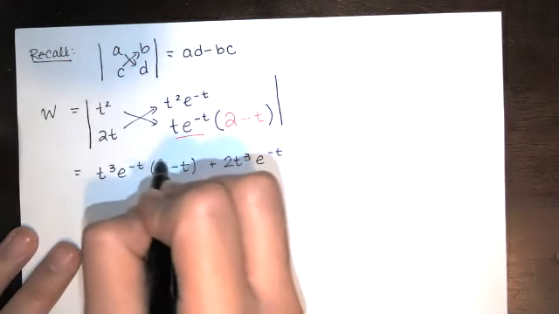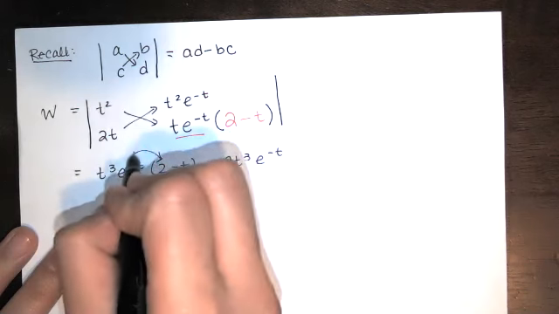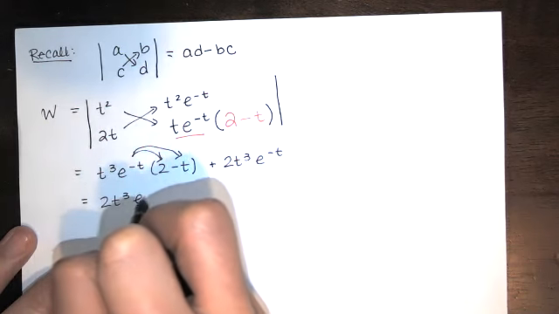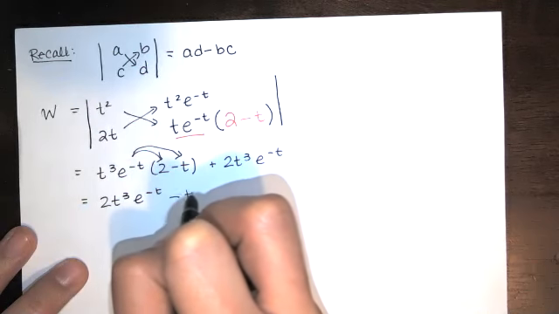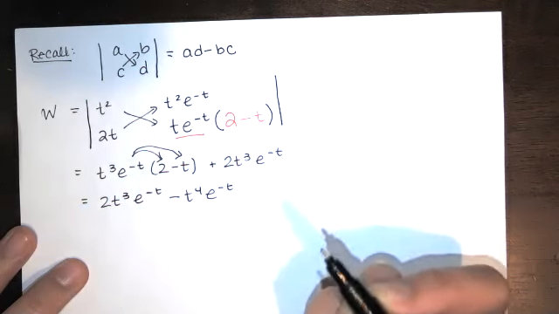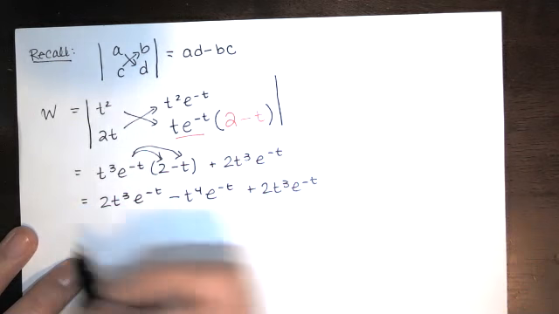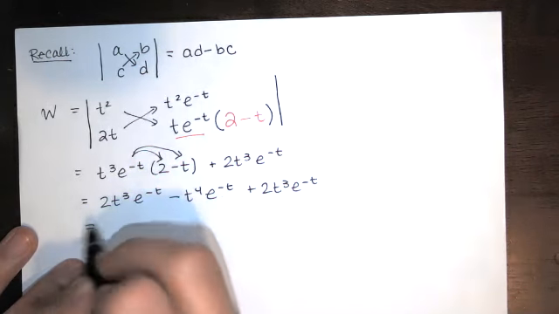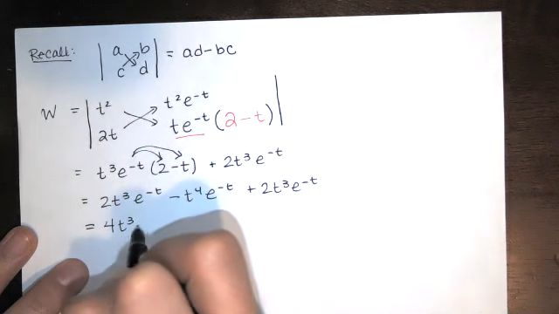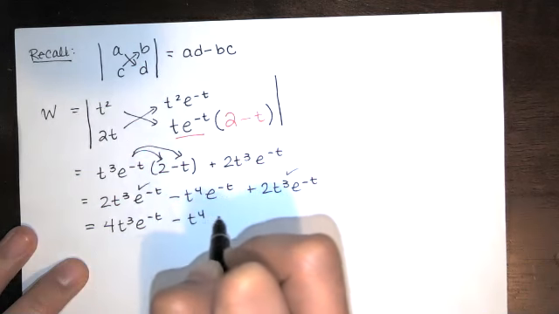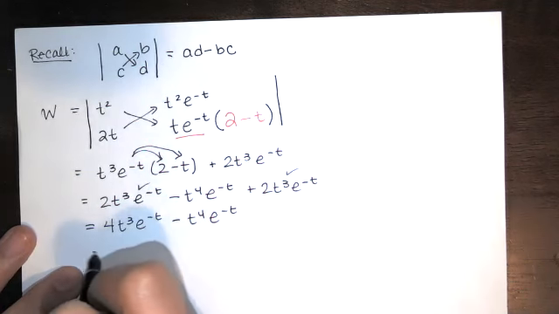And I guess we need to distribute now. Let's go that way. So we'll have 2t cubed e to the negative t minus t to the fourth e to the negative t plus t cubed e to the negative t. We end up with 4t cubed e to the negative t, combining this guy and this guy, and you're subtracting t to the fourth e to the negative t.